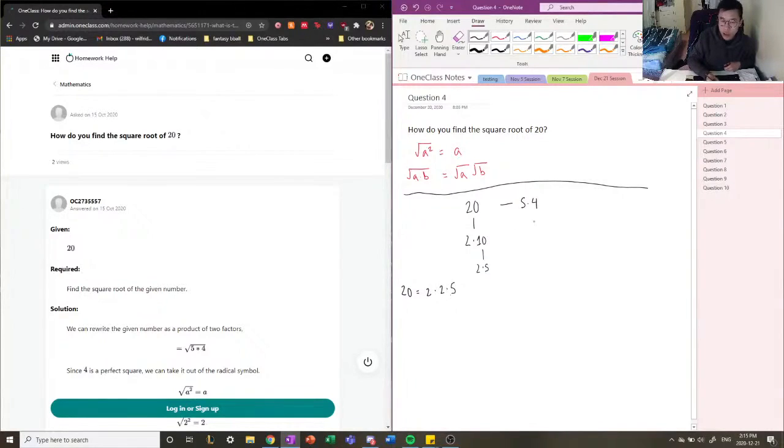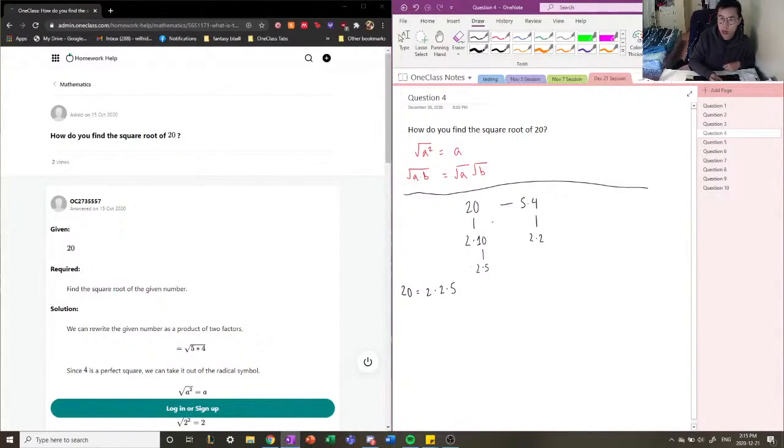So if we were to use 5 times 4, for example, we see here that 5 is a prime number, but 4 is not. So we can break 4 down further into 2 times 2. And now we have found the prime factorization through the 5 times 4 route, which is the same as the 2 times 10 route. So that's a very important message about prime factorization, that every number has its own distinct prime factorization.